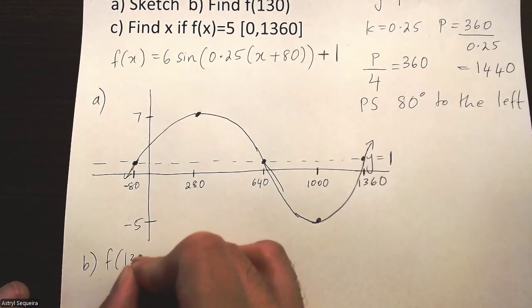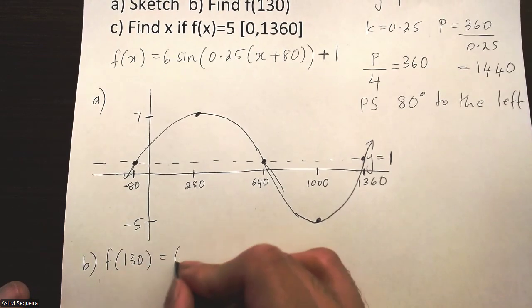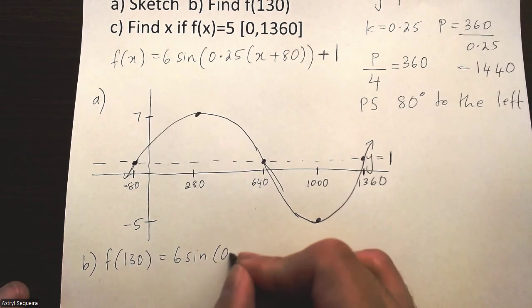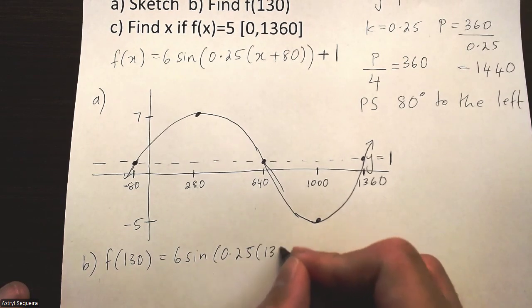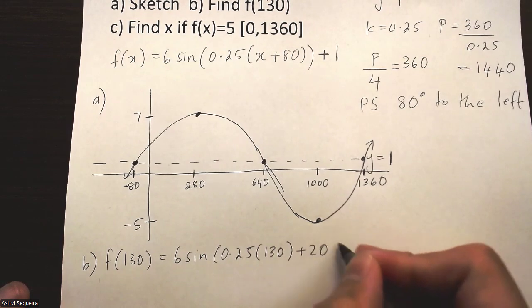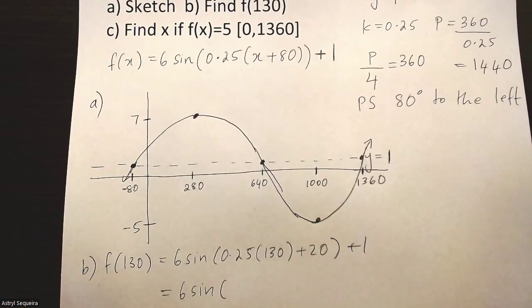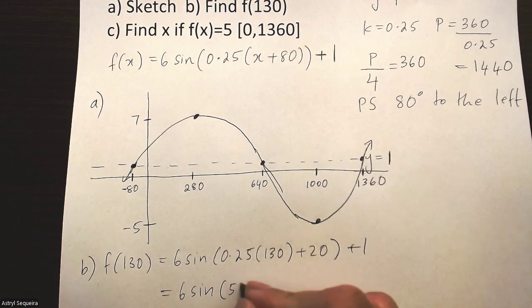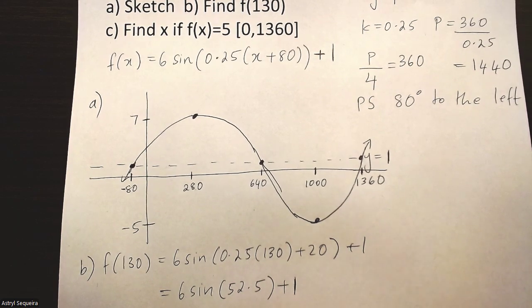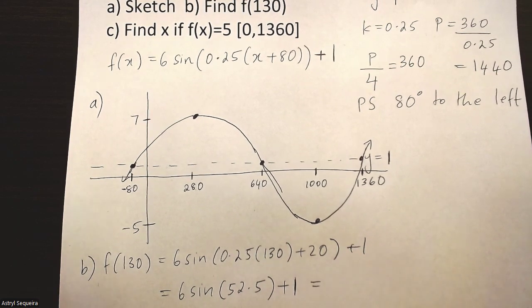So f of 130 equals 6 sine 0.25 times 130 plus 20 plus 1. I'll start by calculating just the inside of the bracket over here. So 0.25 times 130 plus 20 is 52.5. And then I'll type this all in my calculator.